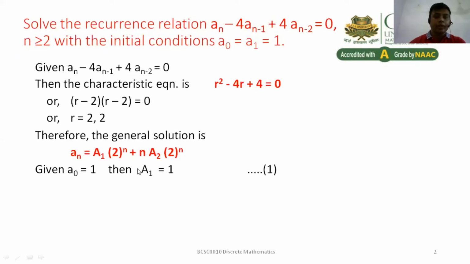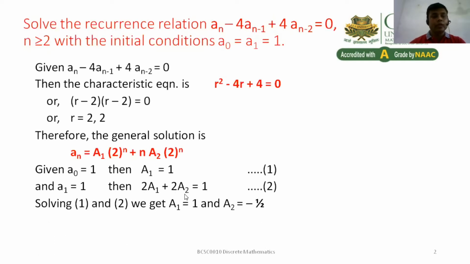In the same way, if we put n equals 1, you get the value of a_1, that is 2 alpha1 plus 1 into 2 alpha2, and that equals 1. Since alpha1 equals 1, put this here and you will get the alpha2 value, which is minus 1 by 2. So we have obtained alpha1 is 1 and alpha2 is minus 1 by 2.